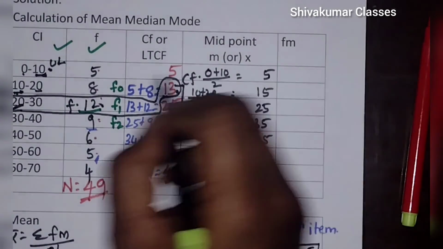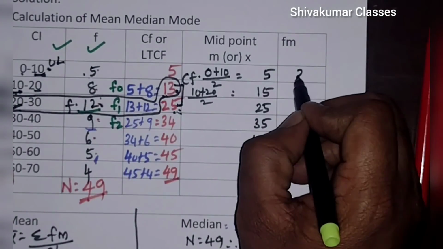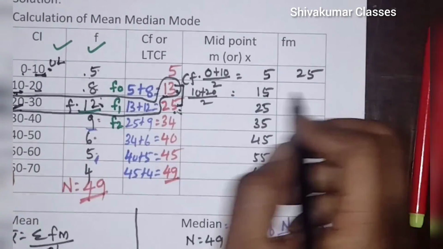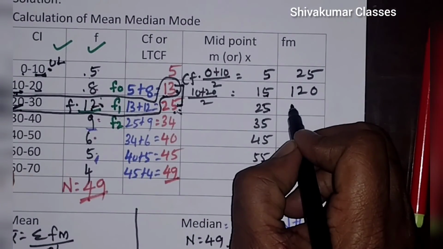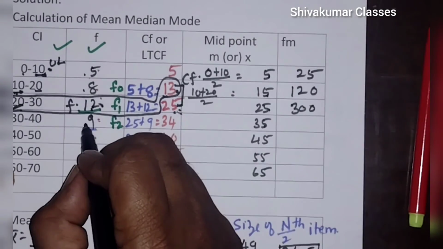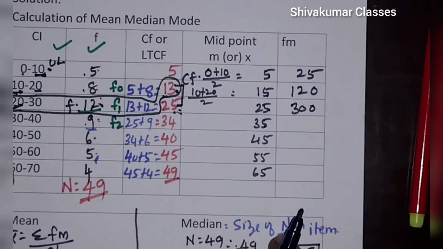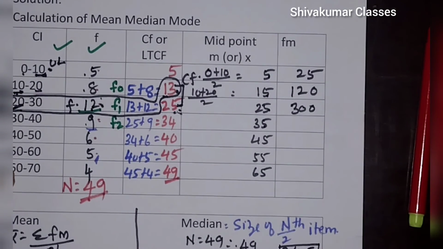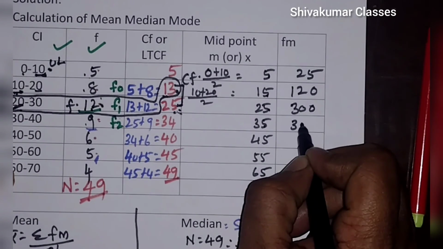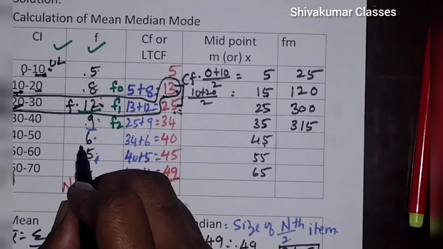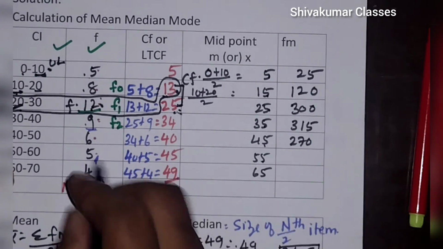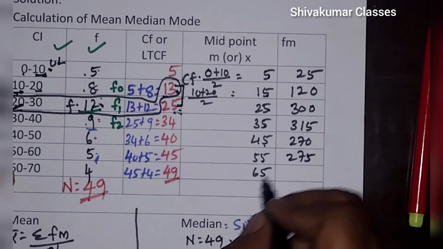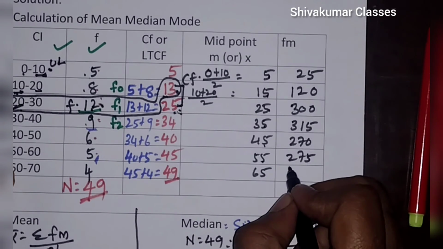Now this M you should multiply with the frequency. 5 5s are 25, 15 8s are 120, 25 12s are 300, 35 9s are 315, 45 6s are 270, 55 5s are 275, 65 4s are 260.